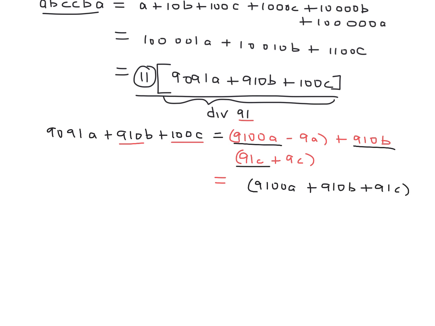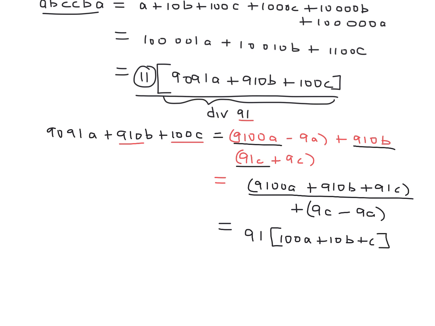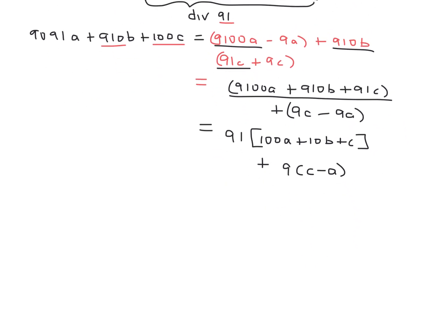And then whatever's left, I just put on the other side, kind of like leftovers. Okay, so this is divisible by 91. That's pretty obvious. And then when I factor out the 91, it's 100A plus 10B plus C. So that's pretty good. But then what I have left is this 9 times C minus A. Okay.